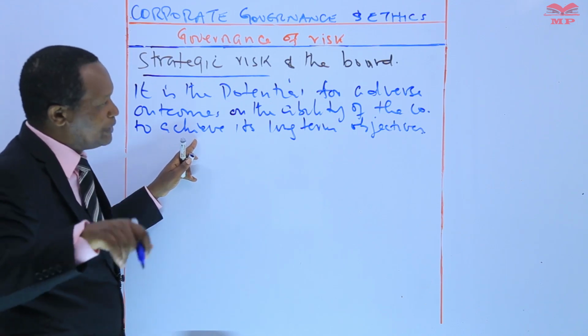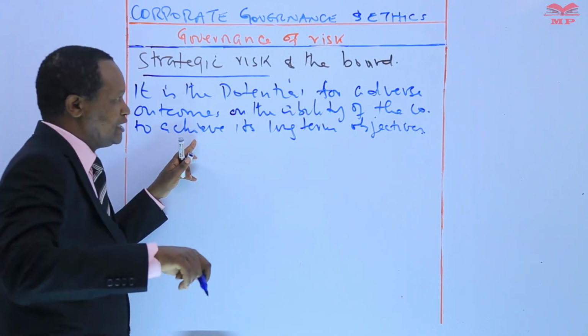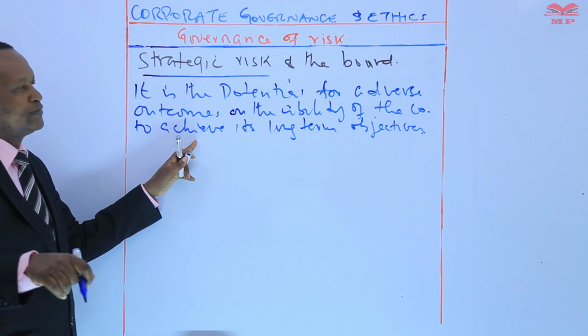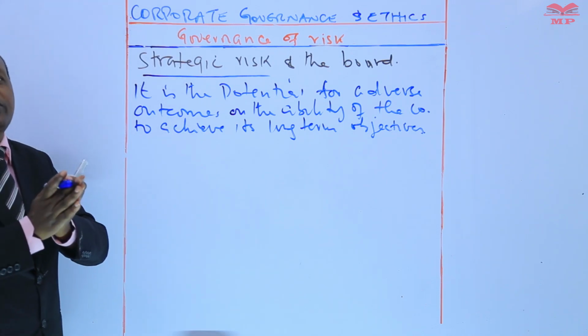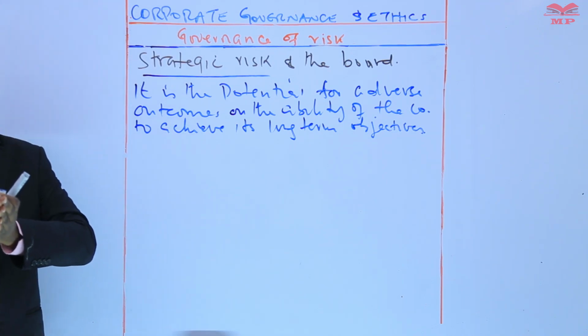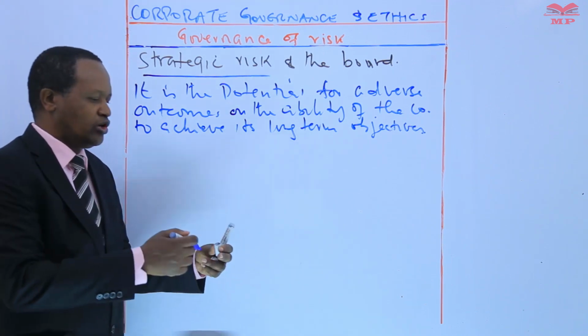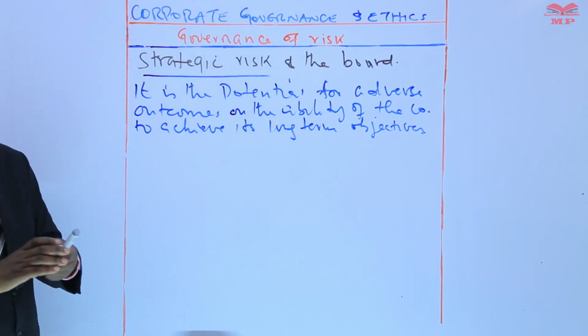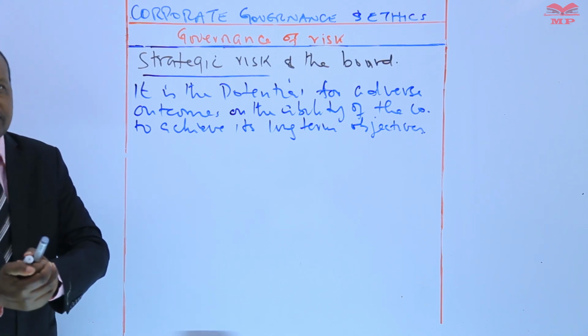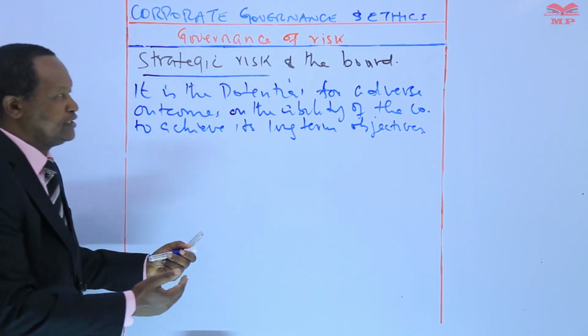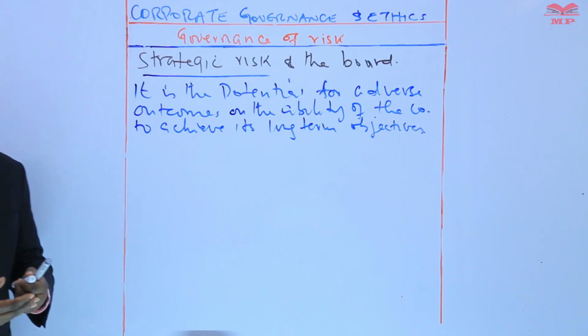And this potential inability to achieve long-term objectives may be occasioned by errors in strategic decision making or errors from the external factors that could undermine its competitive position.